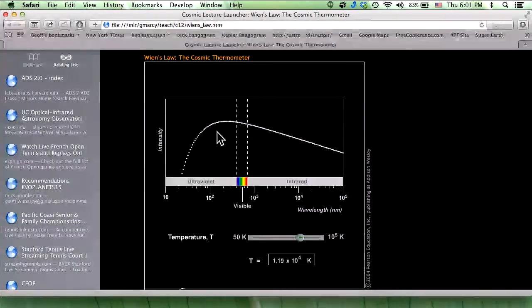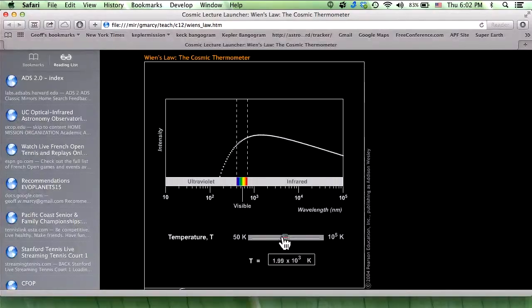So two things happen when you change the temperature of an object. The thermal emission gets brighter, and the peak wavelength goes to shorter wavelengths, or more energetic photons. Let me make the object cooler now. If we make the object get cooler and cooler, like say over here, now the thermal emission is less.